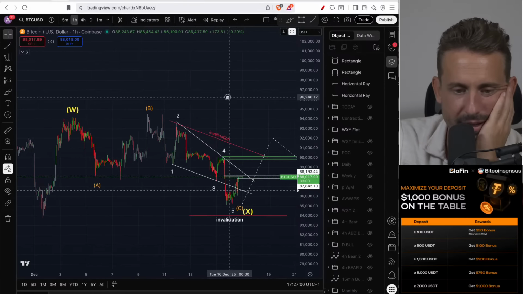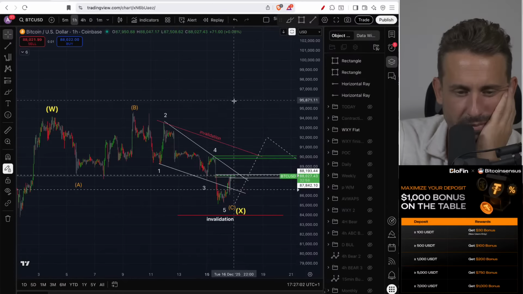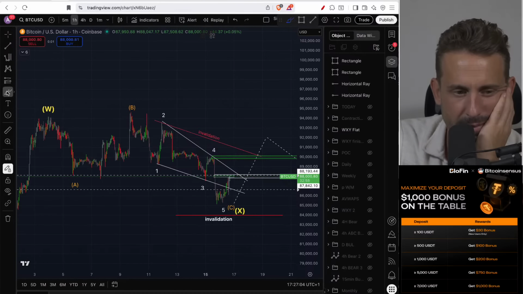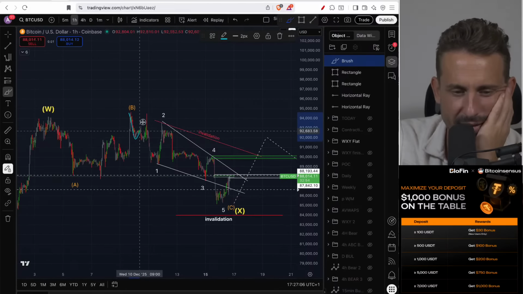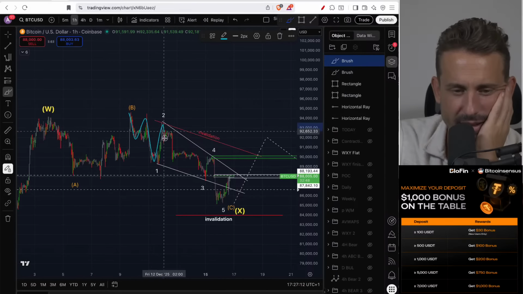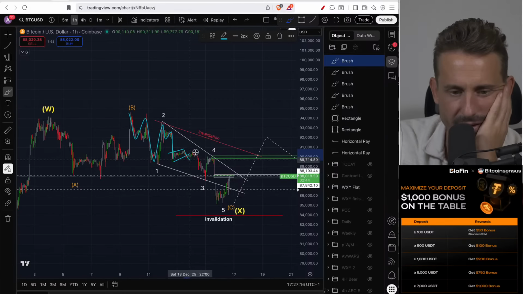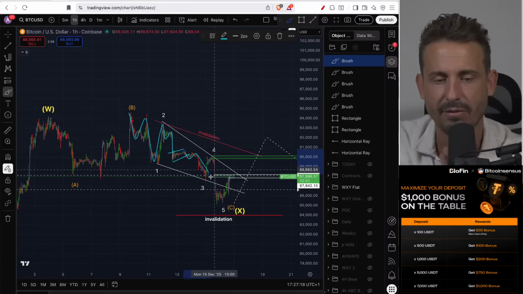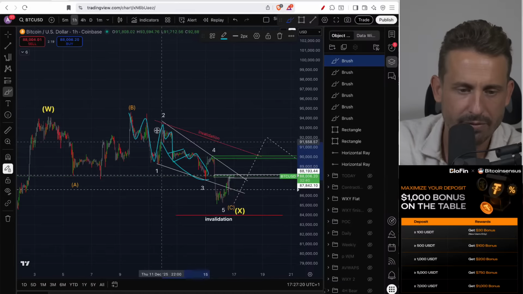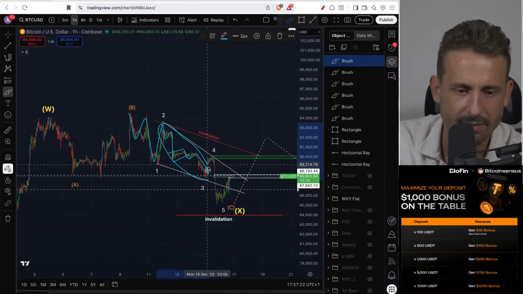This one right over here. This would have to turn into a 3-wave structure, correction in wave 2. This is a double zigzag where you have a zigzag, correction, and another zigzag move down in your wave 3. So you'd have to fit in here a double zigzag.